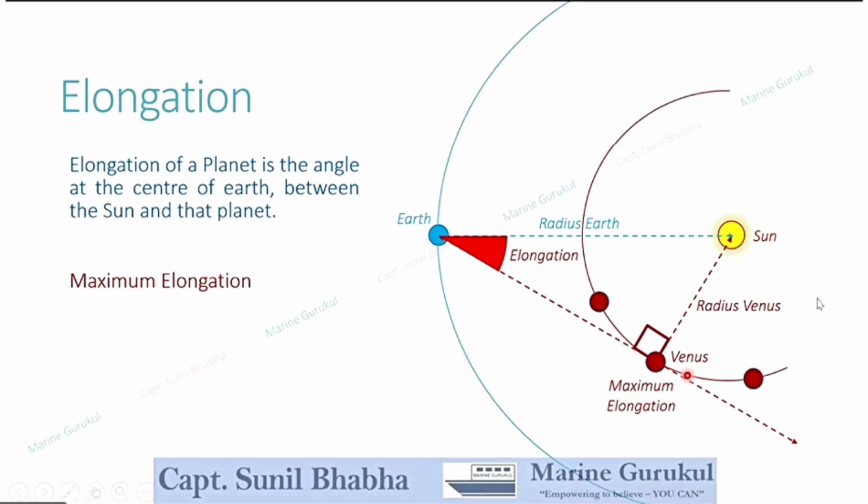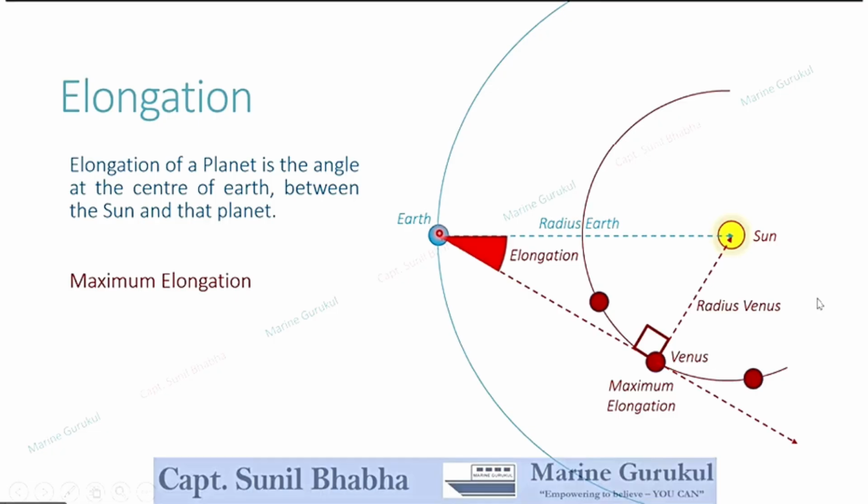And at the same time, if you look carefully, you will observe that these inferior planets like Mercury and Venus can also never be in quadrature with the Sun. To be in quadrature, the angle at the center of the Earth, or the elongation, has to be 90 degrees, which is not possible in this particular case.